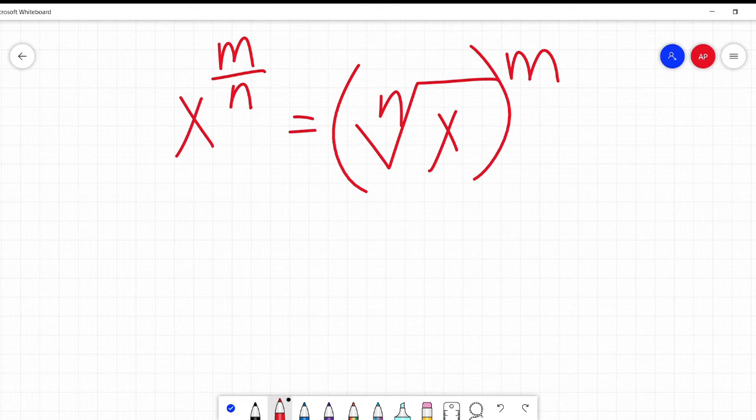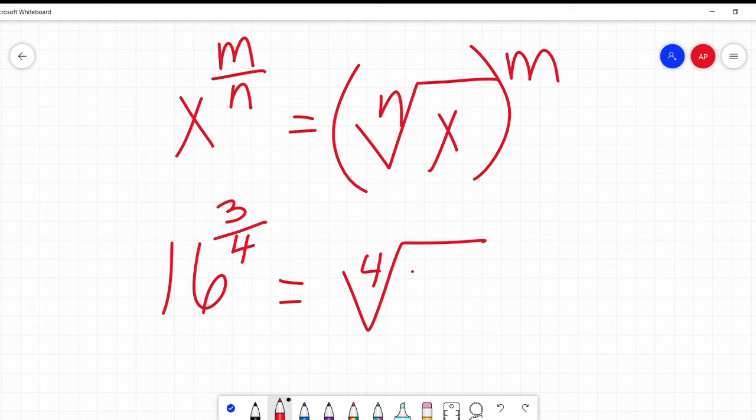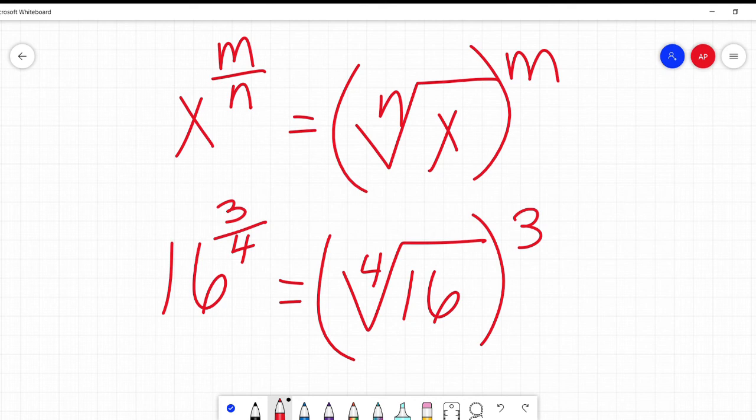But as you see, that's exactly what we just did. We proved that 16 to the power of 3/4 is equal to the 4th root of 16 to the power of 3. That's it. That's all we did, step by step.